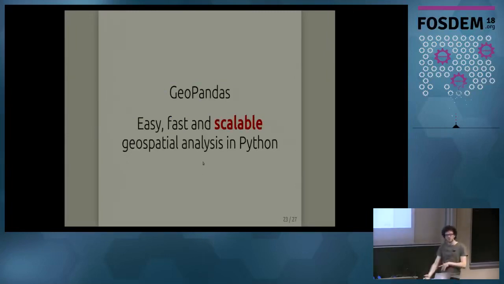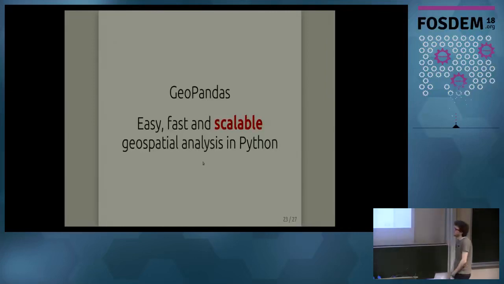So you see that the next version will also be fast, but is it also scalable? The Python ecosystem based on NumPy and Pandas is a very strong ecosystem, also optimized and fast, as long as you're working in memory on a single core.